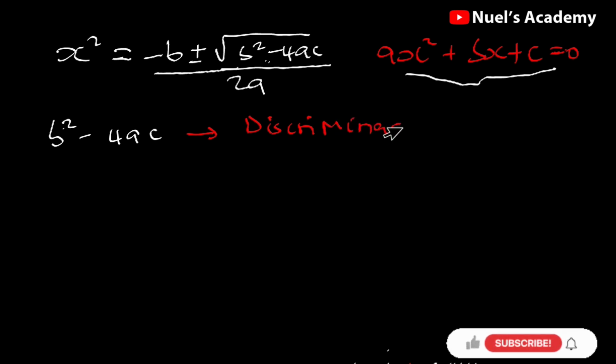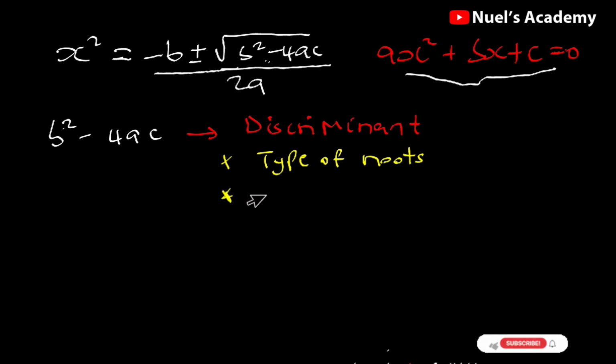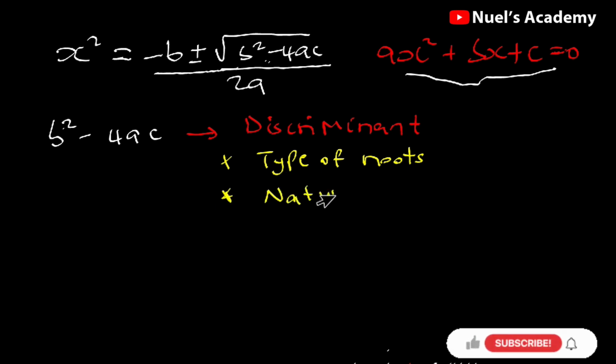This is better known as the discriminant, and it tells us many things about quadratic equations. For example, it tells us about the type of the roots of the quadratic equation, the nature of the roots.